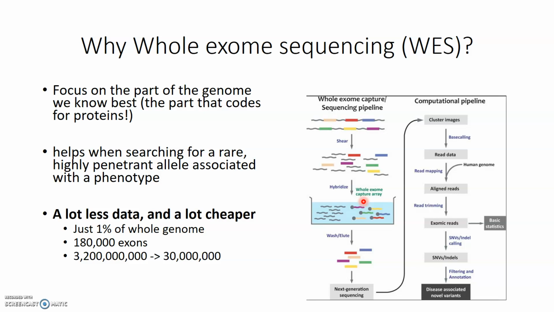Also there is a cost consideration and a time consideration, breaking it down to the exome as opposed to looking at the entire genome. We are cutting down our search area by orders of magnitude.